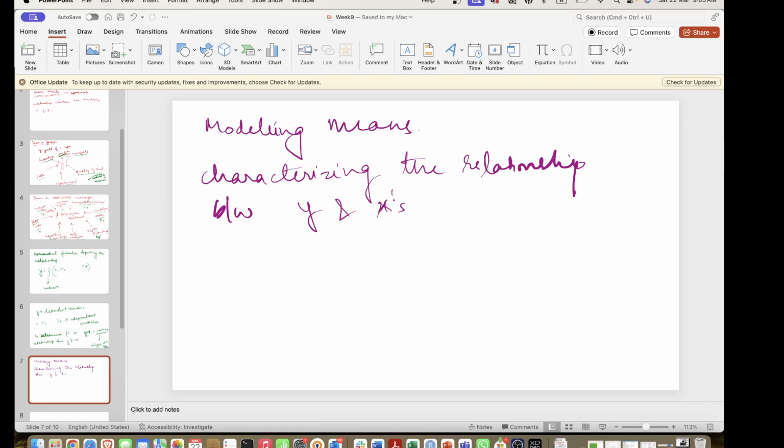Okay, and in such a way that the salient features of the underlying process are well incorporated.